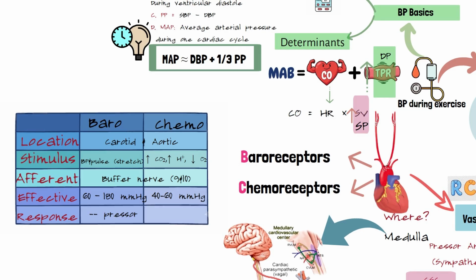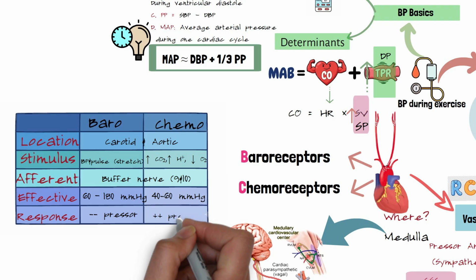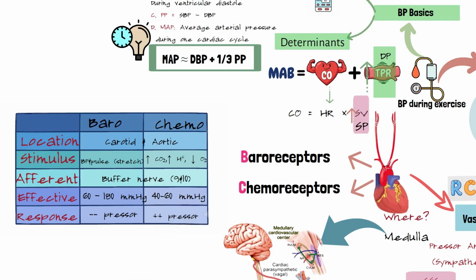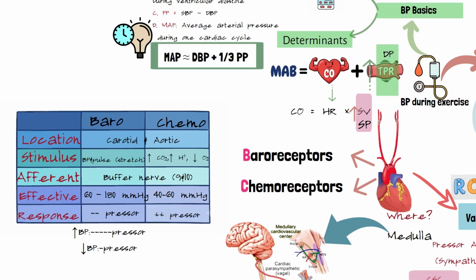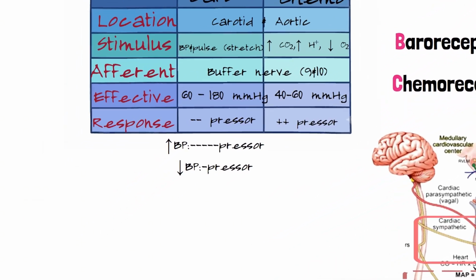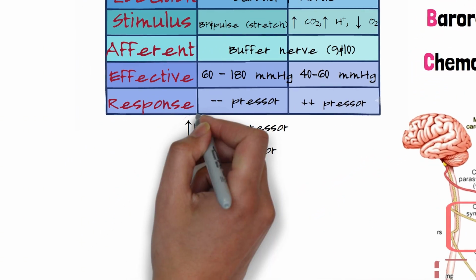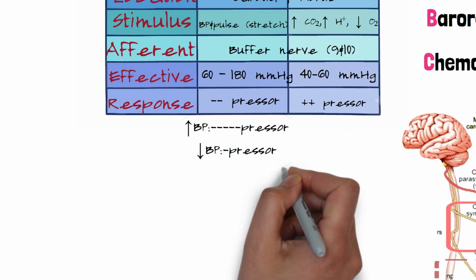Remember that hypotension decreases the blood flow, and this results in increased carbon dioxide and hydrogen, and decreased oxygen. For the baroreceptors, normally they send an inhibition to the pressor area. With increasing blood pressure, the inhibitory response increases. With dropping of the blood pressure, the inhibitory response will decrease.